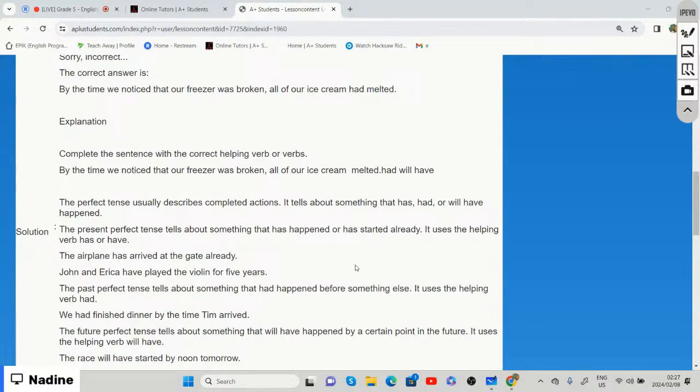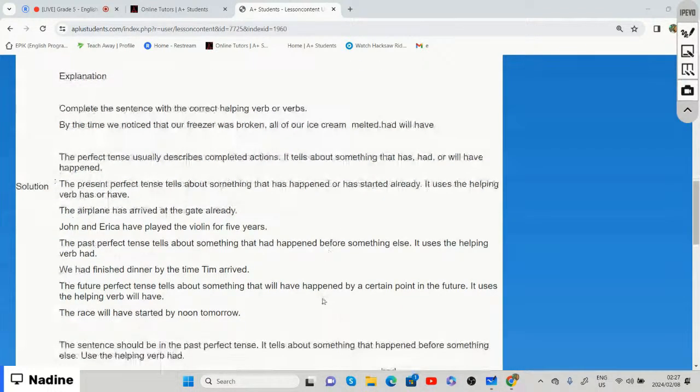So we're going to complete the sentences, right? So now we're going to the first one, which is the perfect verb tense, which usually describes completed action.